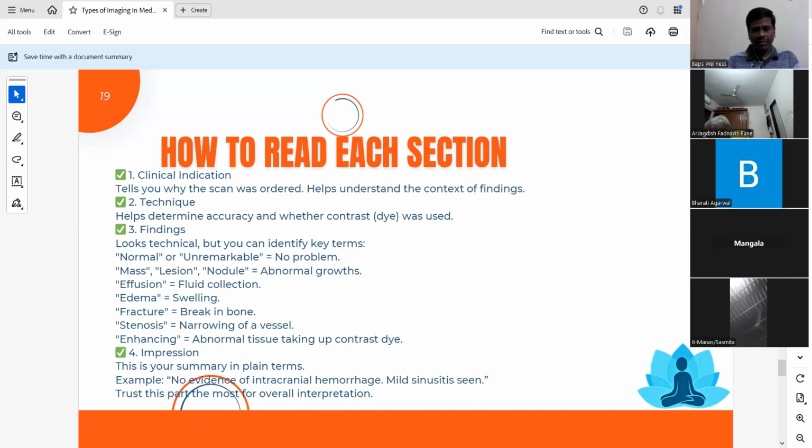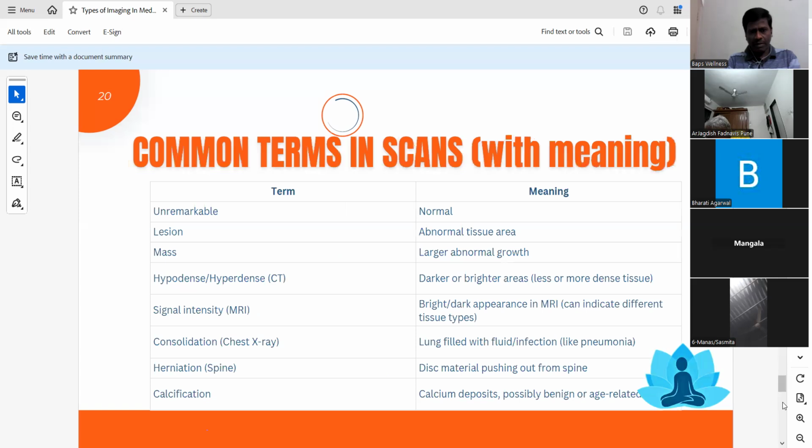Herniation is normally mentioned in the case of a herniated disc in spine studies. Calcification means calcium deposits.